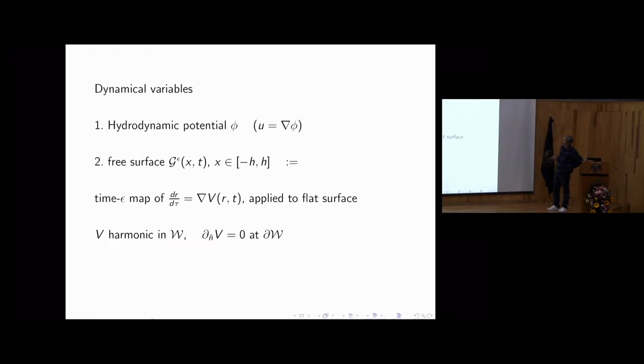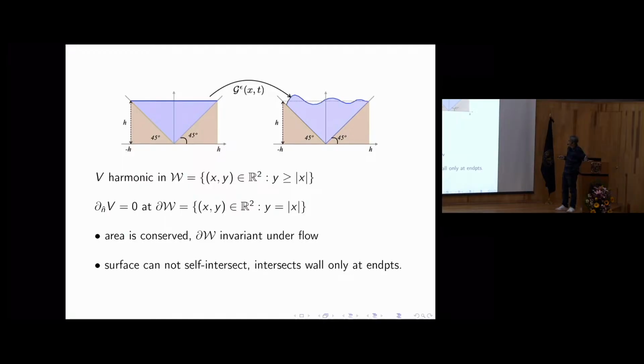and also another quantity to describe the free surface that is obtained in a somewhat indirect way. That is the time epsilon map, under the flow of a vector field of an auxiliary harmonic function, applied to the flat surface. And here's the picture, actually. I have this segment of reference, and I apply at each time a time epsilon map.